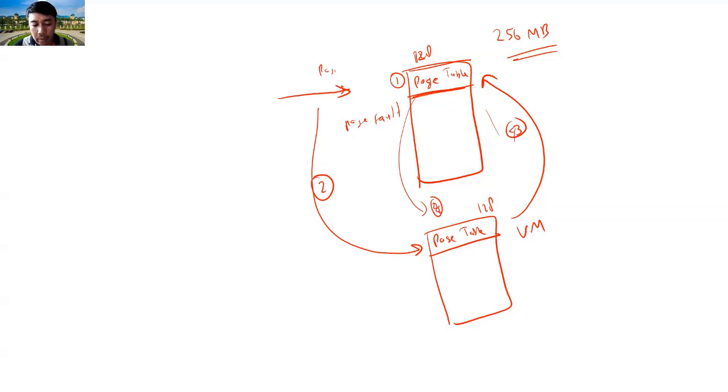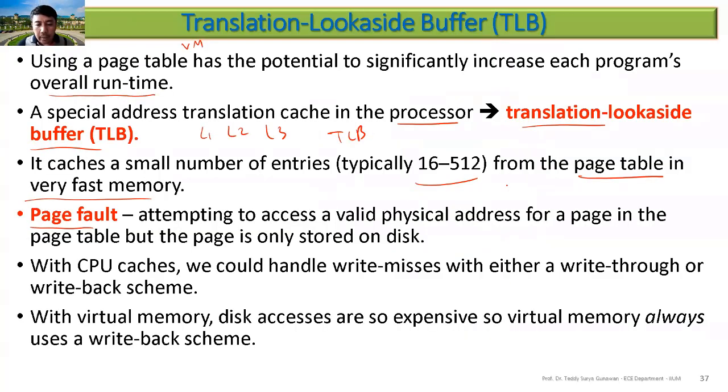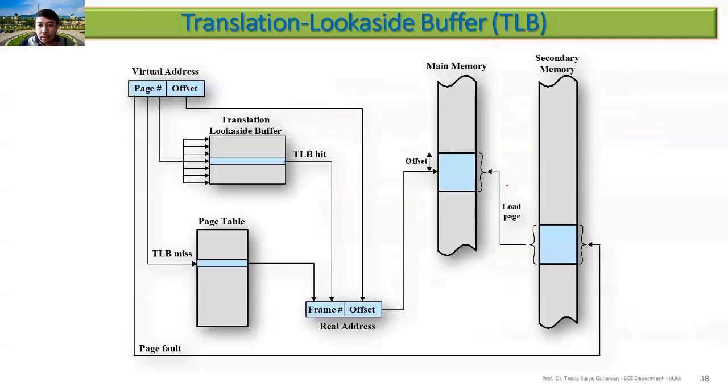So that's what happens for the page table. The page table also occupies memory. You don't want to load the whole 256 on your main memory, so just 128 on the main memory and 128 on your virtual memory. In that case, you can load other programs better. Okay, let's move on.